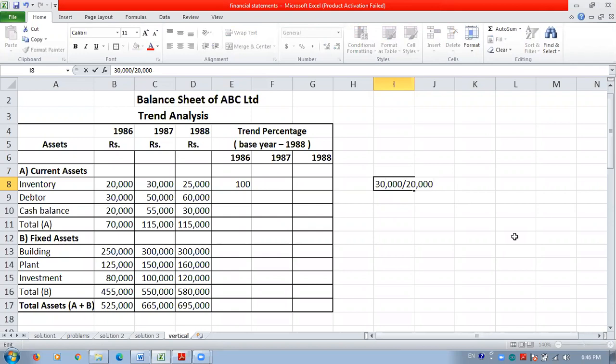Okay, we can calculate the percentage. 30,000 divided by 20,000 is simply 150%.